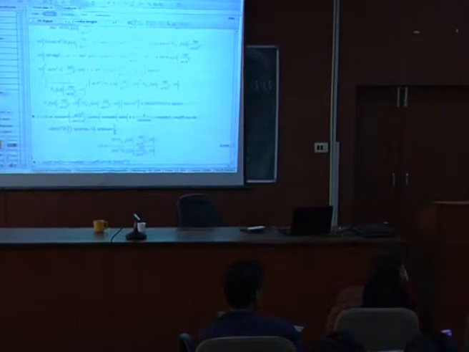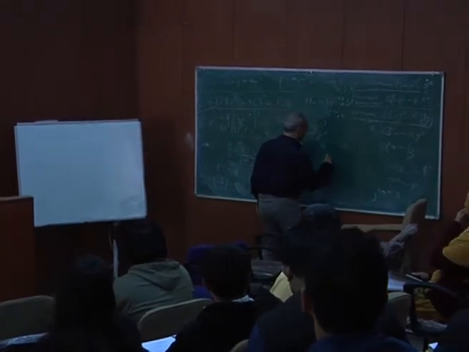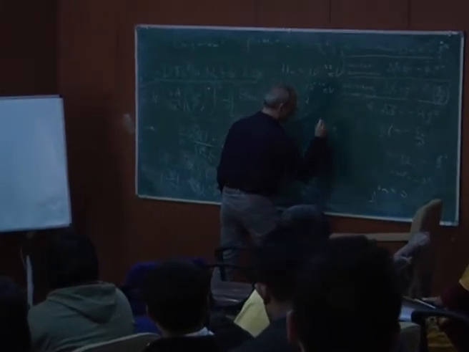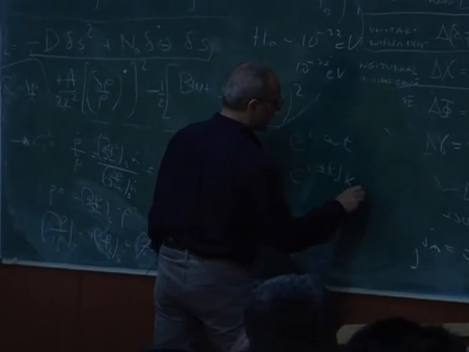If you have e to the i omega t, omega will be plus or minus i of something. So if c_s square is negative, this will be plus or minus modulus of c_s times k t.